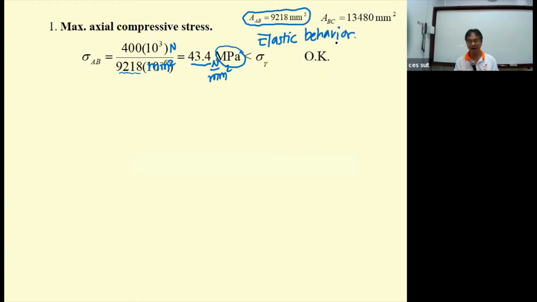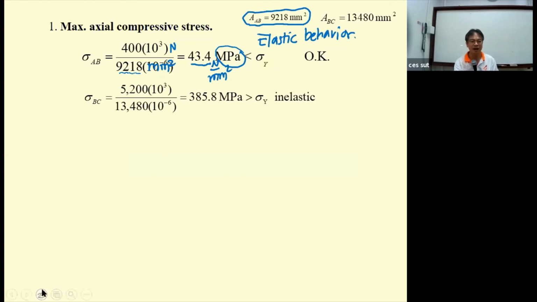Okay, and for the bottom one, the load is very large. It's going to be divided by the area of what? 13,480 square millimeter. You get the stress of 385.8 megapascal, and it's larger than sigma sub Y. It is going to be in the plastic behavior.